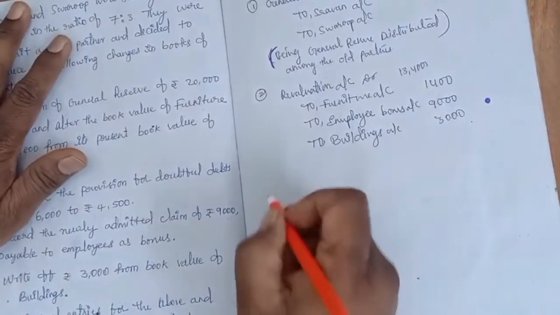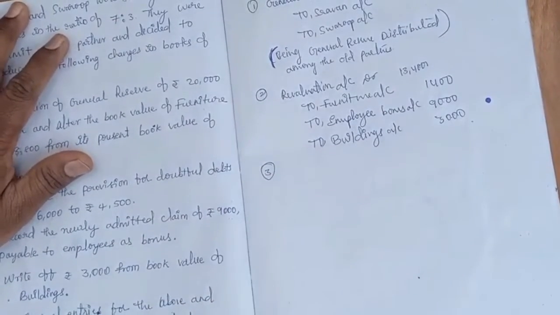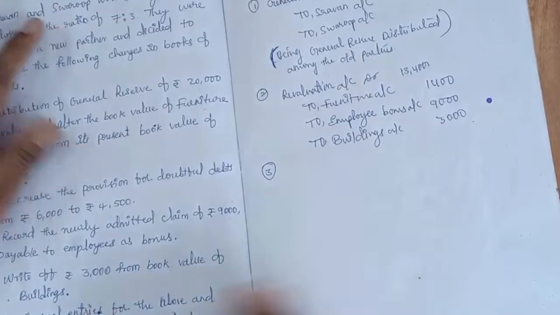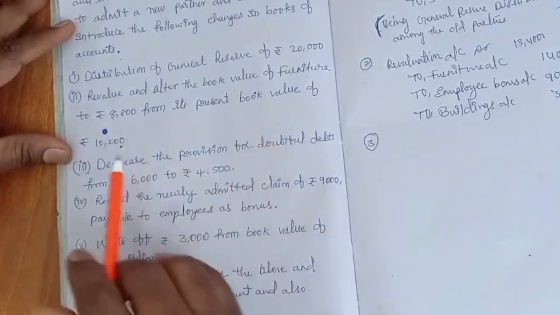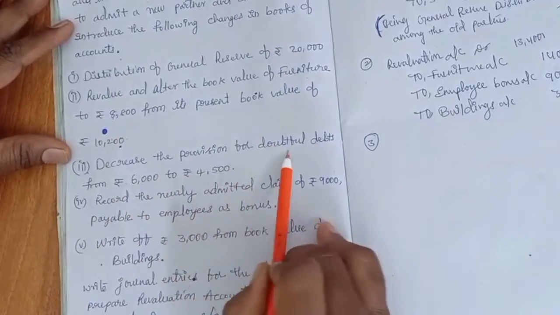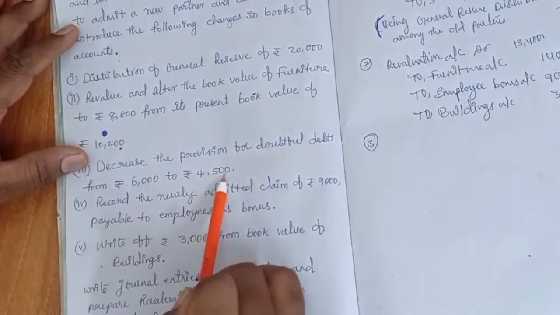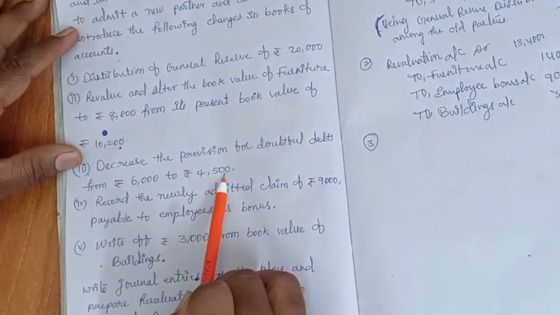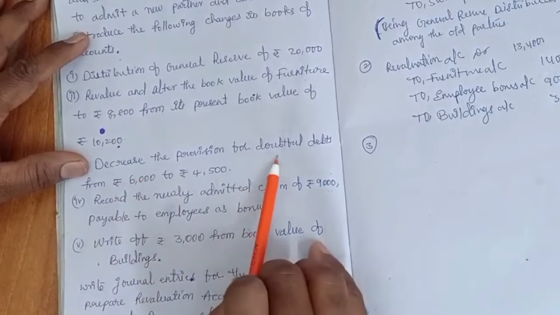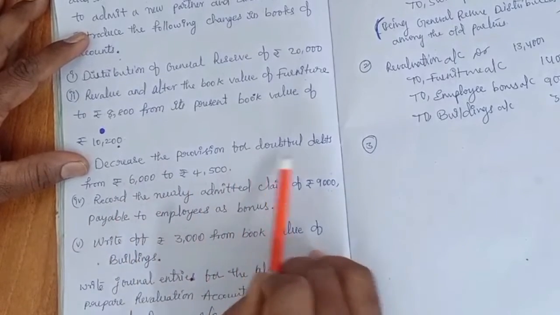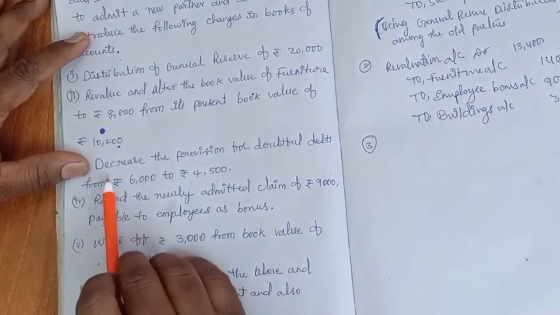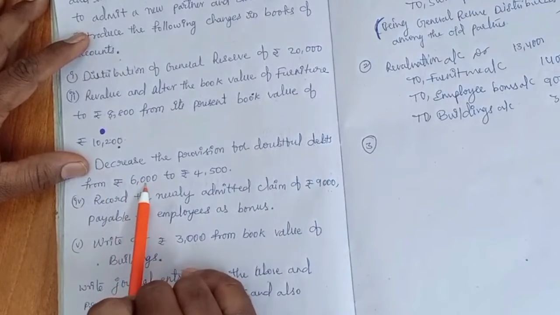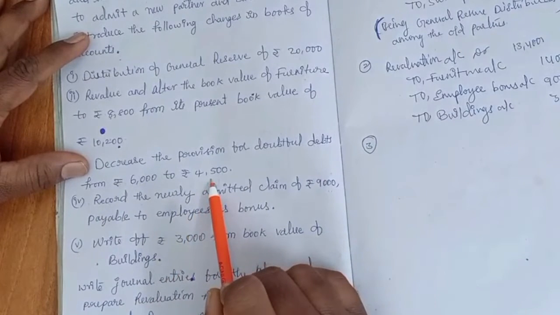Right. The third journal entry is, look at here, the third adjustment: decrease the provision for doubtful debts from 6,000 to 4,500. So the doubtful debts have been decreased from 6,000 to 4,500. It means it is a gain to the business.